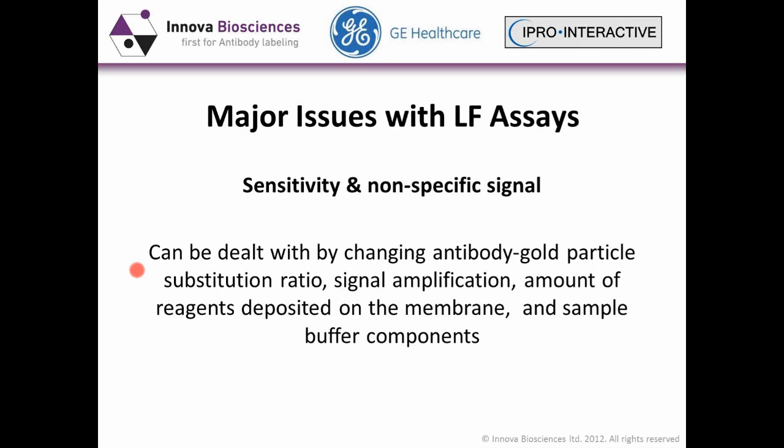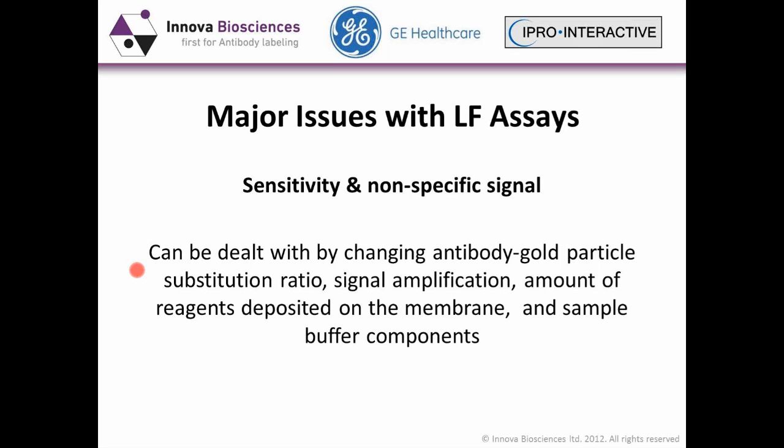I've just listed some here, like with the gold, because that's what I myself use, gold antibody conjugates. One can increase the sensitivity and reduce the non-specific signal by controlling the amount of antibody bound to the gold particles.